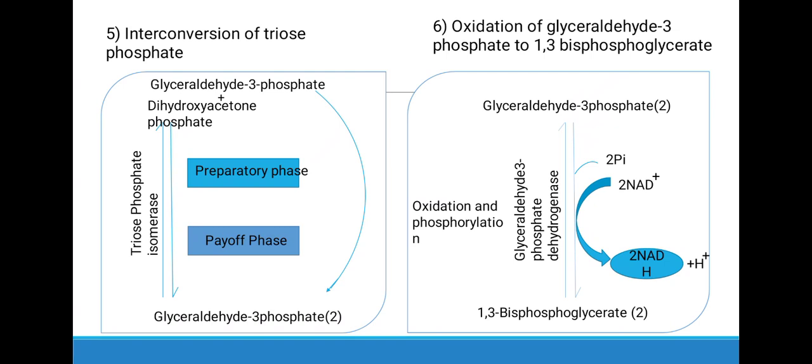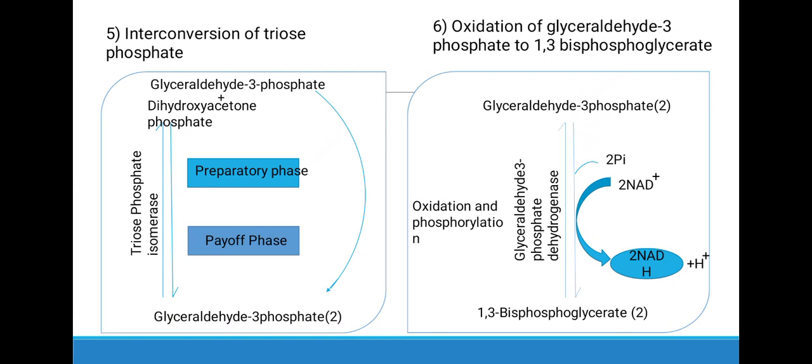Sixth step of glycolysis, oxidation of glyceraldehyde 3-phosphate to 1,3-bisphosphoglycerate. Here in this step, glyceraldehyde 3-phosphate is reversibly converted into 1,3-bisphosphoglycerate. It is a reversible reaction.